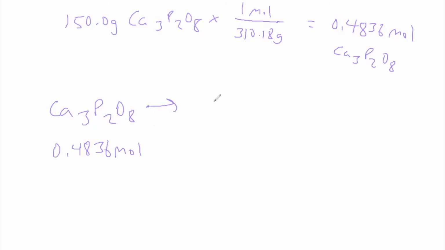One of them is CaH4P2O8, and that's the fertilizer. It also makes CaH4SO6, but we don't need to worry about that either. We're asked how many grams of fertilizer are produced, and we're given grams of Ca3P2O8. So those are the only two things we need to look at in the reaction.